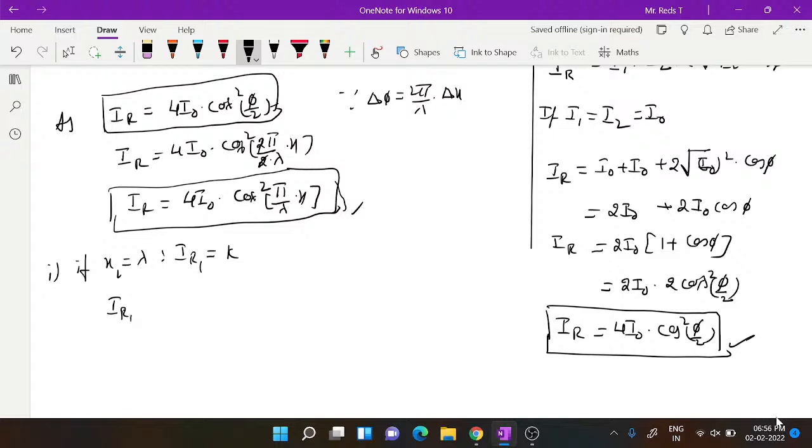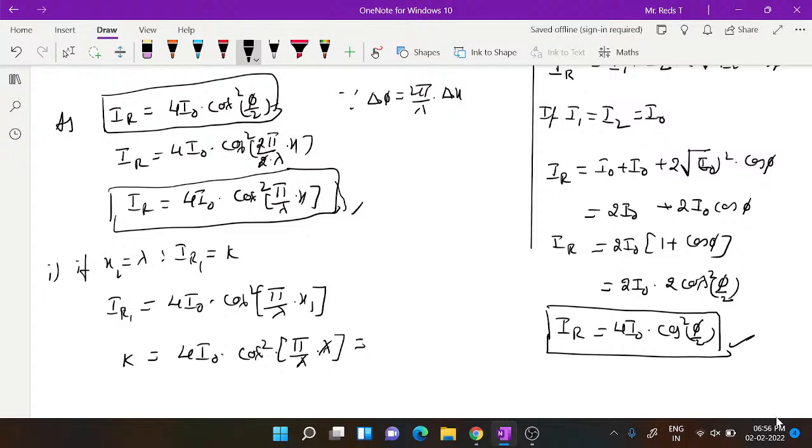So IR1 is equal to 4 I naught into cos square pi by lambda into x1. Okay, so IR1 is k, right? Let us take this as k is equal to 4 I naught into cos square into pi by lambda. X1 is what? Lambda. Lambda cancel. Cos pi is how much?